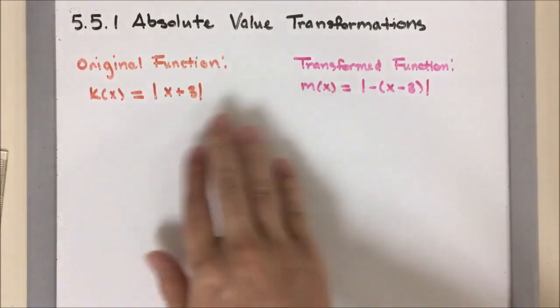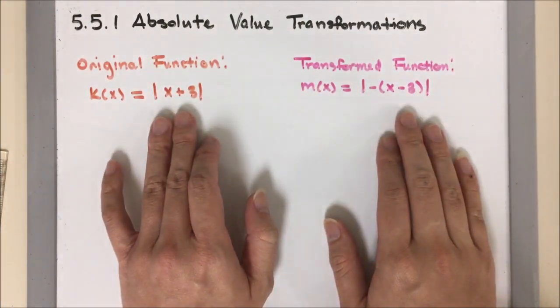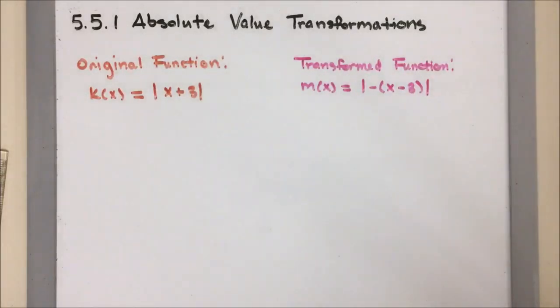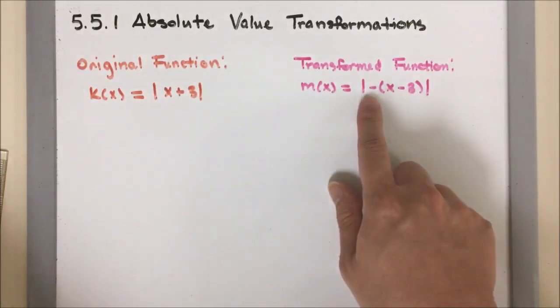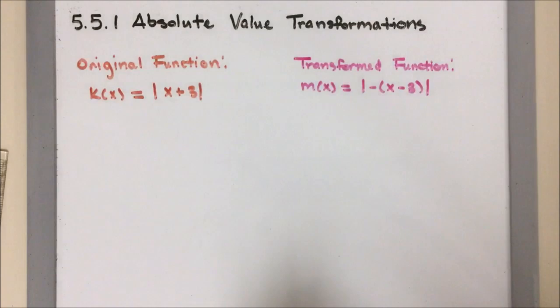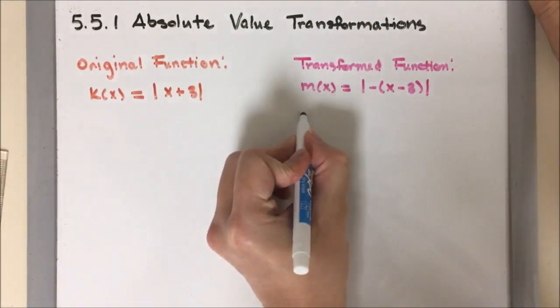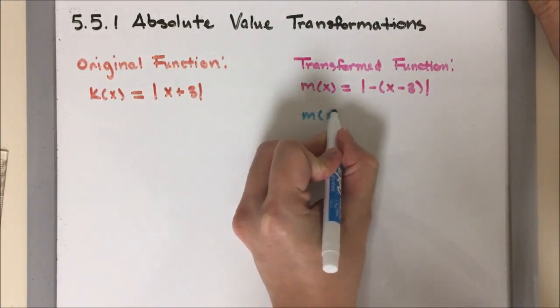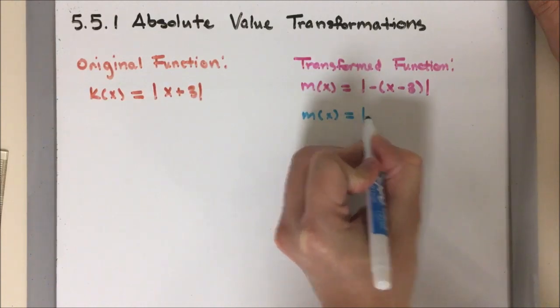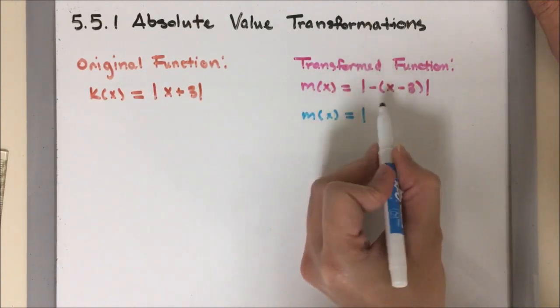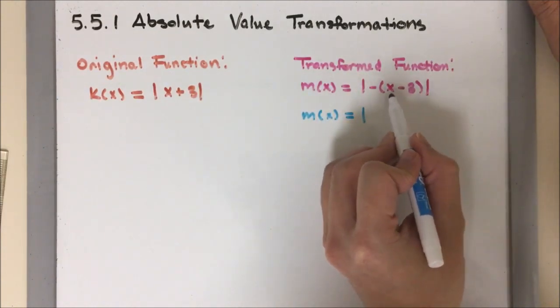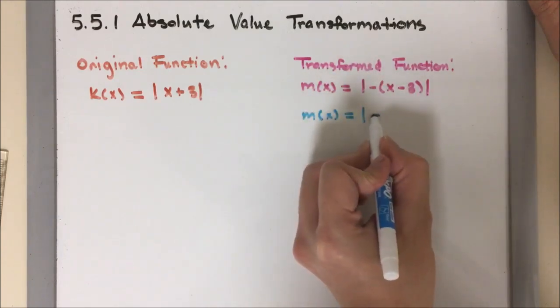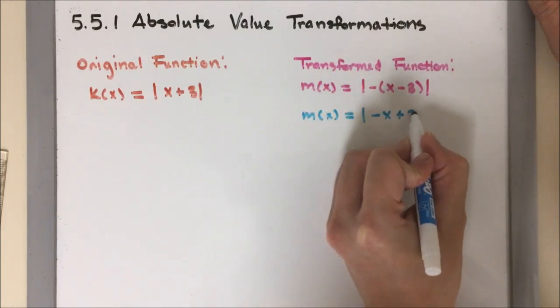If we compare, they don't look exactly the same. But if I distribute the negative sign in the transformed function, this is what we're going to have. M of x equals the absolute value of, and if I distribute my negative sign to the expression inside the parentheses, I'm going to have negative x plus 3.